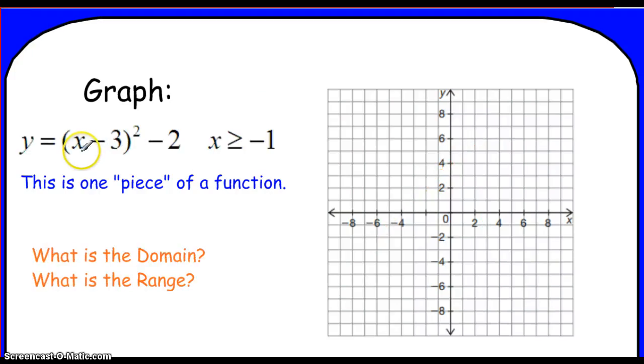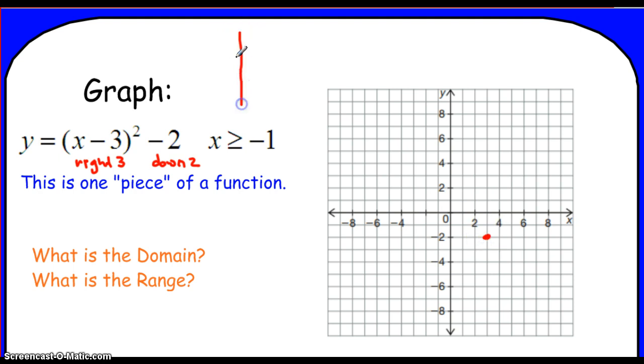So this again is another graph. We could graph this by either making a t-chart or by first following this, which would tell us to go right 3, and this tells us to go down 2. So if I go right 3, 1, 2, 3, and down 2, 1, 2, I would have a point here.